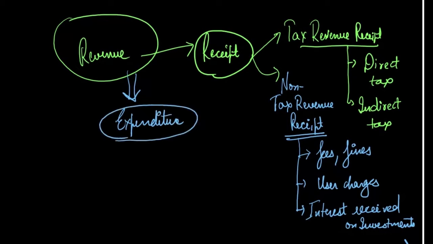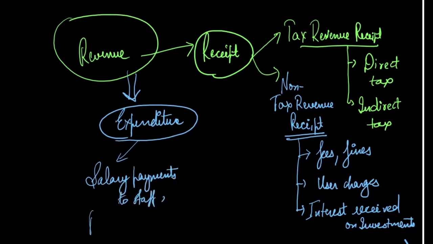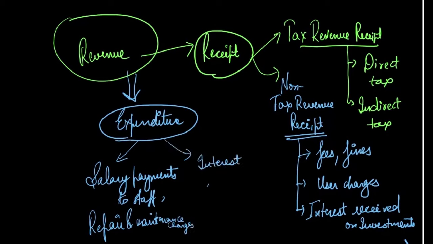Revenue expenditure of the government includes salary payments to staff, any repair or maintenance charges, and interest paid on loans. One important thing that is included in expenditure is grants given to states.